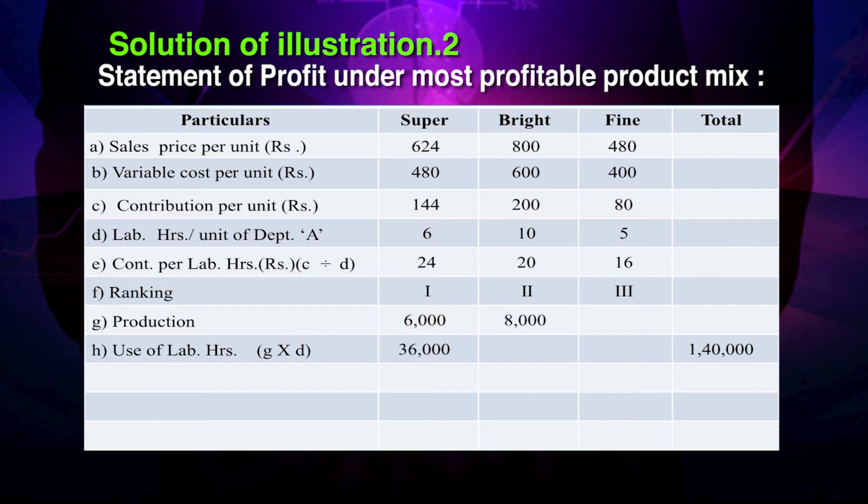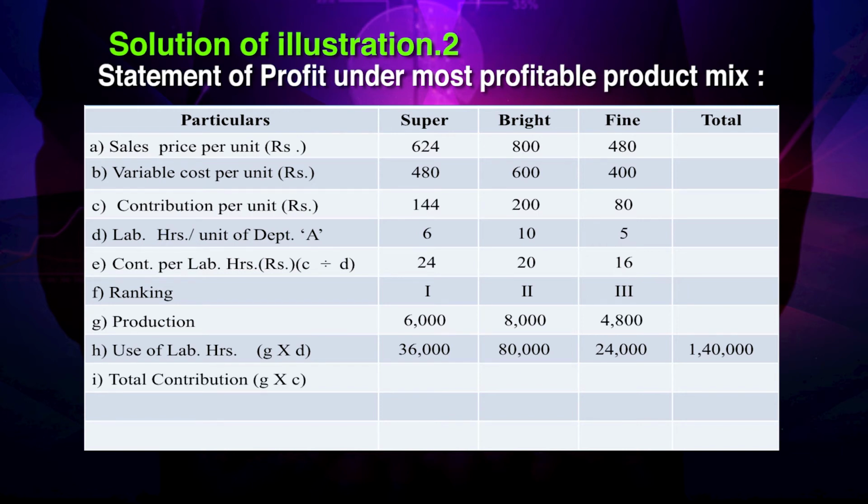Now, we go to the second ranked product, that is Bright, where we will reach the maximum demand of 8000 units, and in order to manufacture this we will be using 80,000 labor hours. Out of 1,40,000 we have already used 1,16,000 hours. So, 24,000 hours balance is available for the third rank product, that is Fine, where we can manufacture 4800 units.